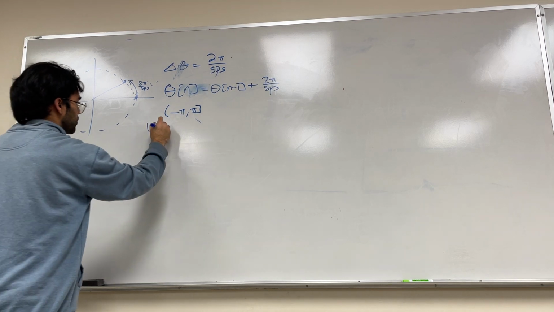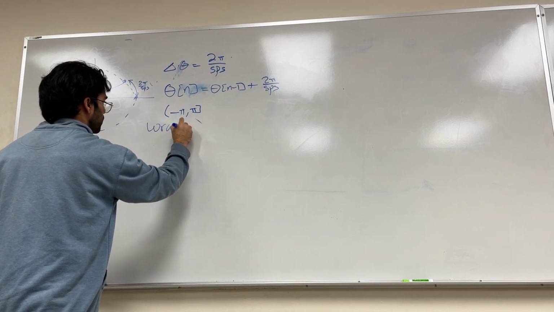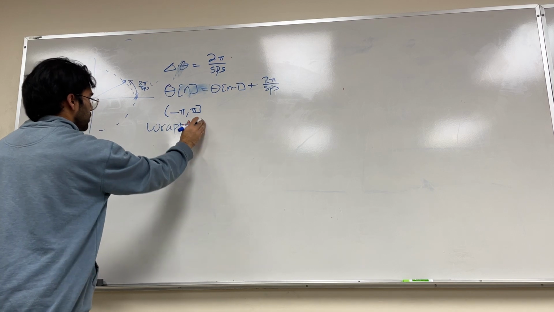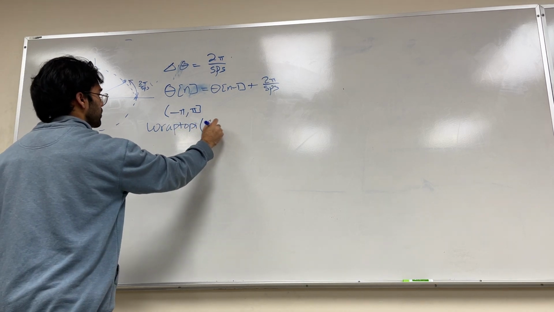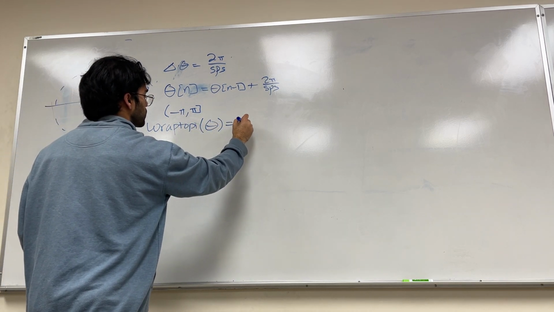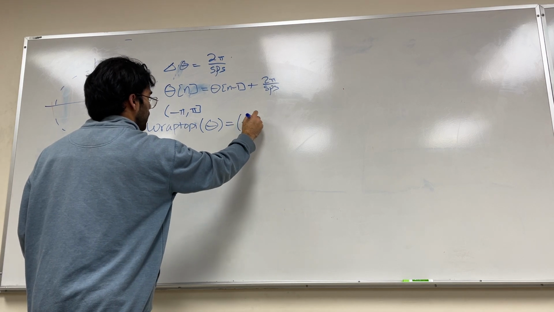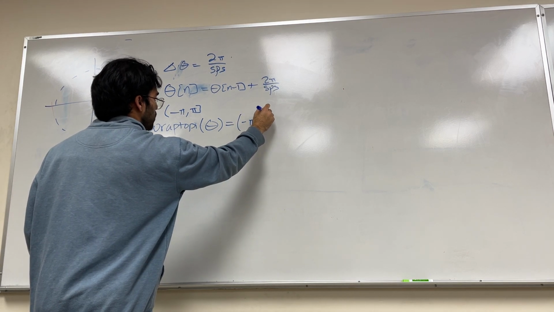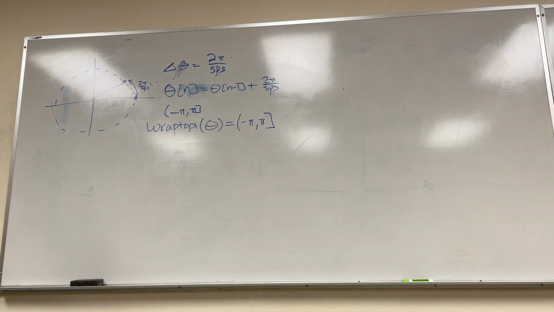You just use the function wrap to pi or something like this. Say we'll call it theta, and that gives you from negative pi to pi some number in that interval. And that's exactly what we want instead of taking the modulus operator, which can be tough to implement in C.